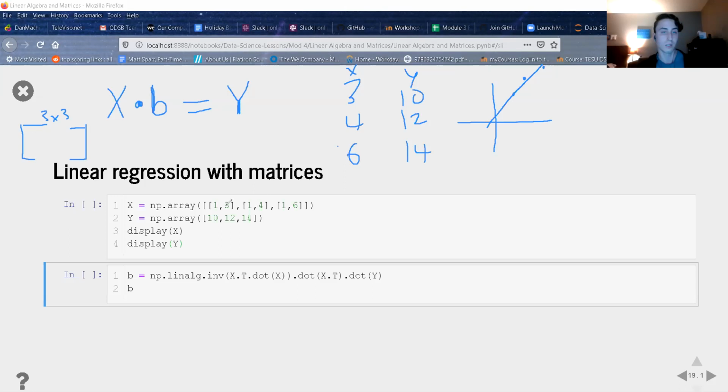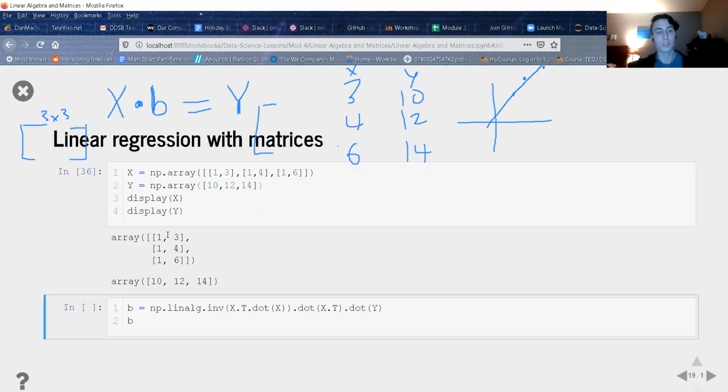But here, let me go ahead and display this. This is our matrix, so it's not square. So we can't just do the inverse thing. So basically we have to find a way to make this square. And the trick to do that is to multiply it by its transposition. So we're going to multiply both sides by the transposition of X. This is Y.